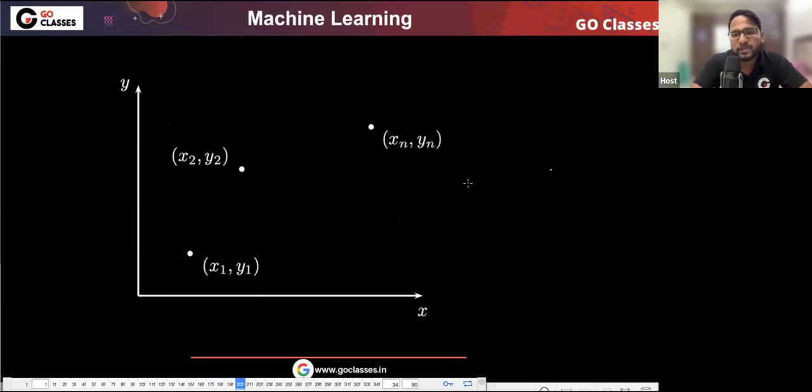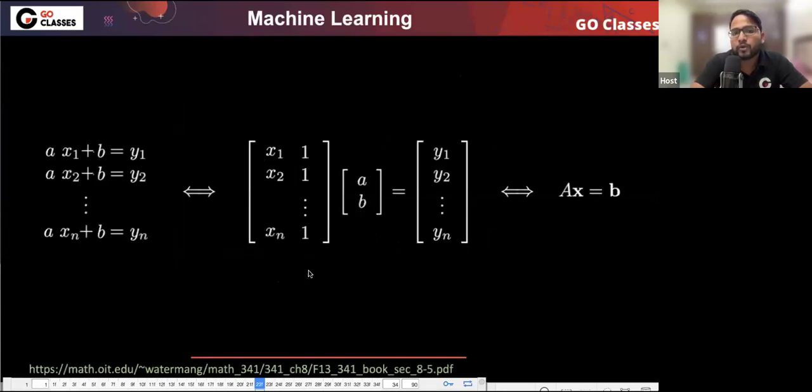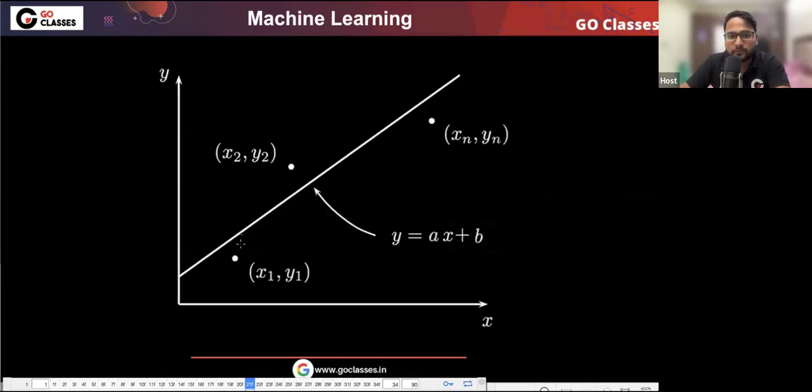If you want to find the best fit line, you will have some candidate line, let's suppose ax plus b, and to measure how good or how bad it is, you need to formulate it. You write this ax plus b, and let's suppose this is y1. This is the line which we are calling ax plus b.